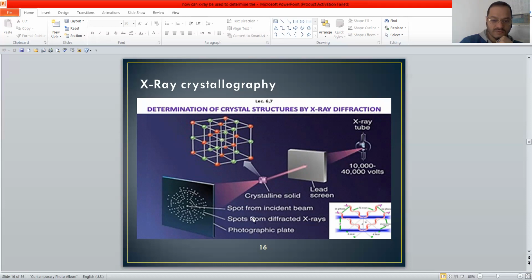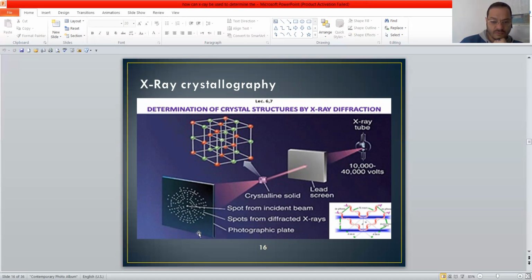Here, spot from diffracted X-ray. This point, I think, will be stronger than the others, because it came directly from the incident beam. Here, spots from diffracted X-rays, that means they came from a weaker wavelength.